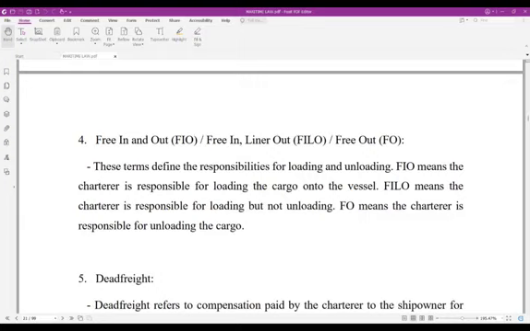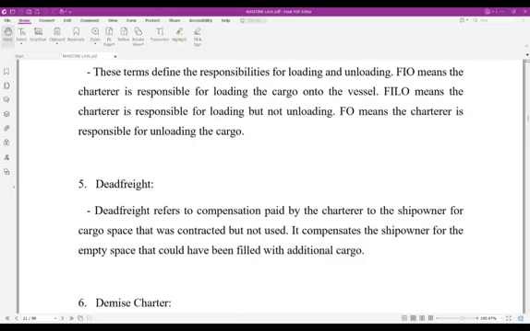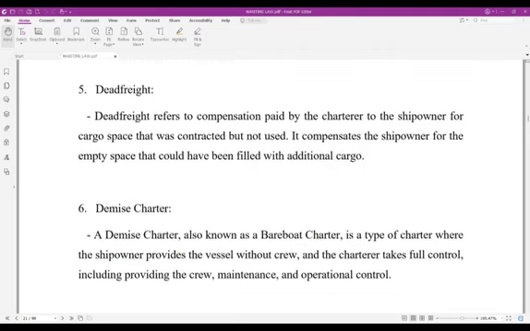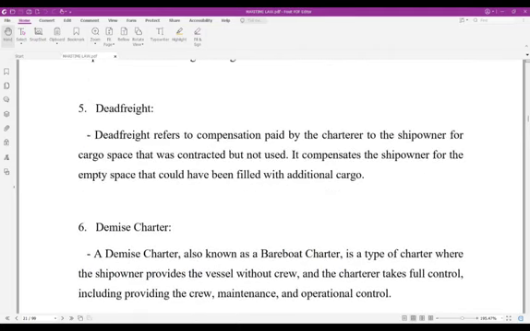You have the dead freight. The dead freight refers to the compensation paid by the charterer to the ship owner for cargo space that was contracted but not used. It compensates the ship owner for the empty space that could have been filled with additional cargo.